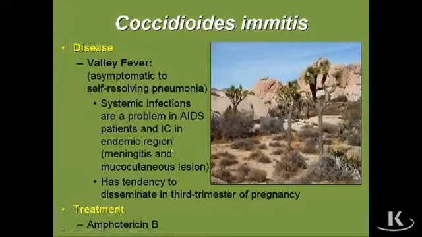Dissemination in AIDS patients, it will disseminate typically mucocutaneous lesions, or it can cause meningitis. Now, this also has a tendency to disseminate in the 3rd trimester of pregnancy. And what we'll talk about when we address the immunology portion is that pregnancy creates an overall status of immune suppression so that the mother does not reject the fetus.